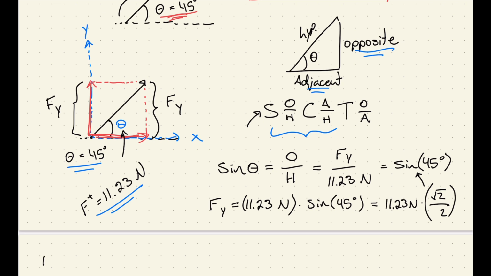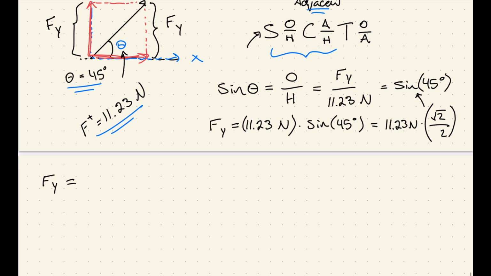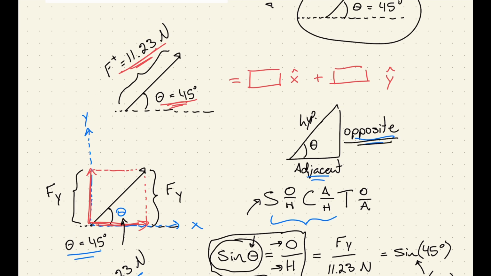Okay, nice. So now we literally have Fy is equal to square root of 2 over 2 times 11.23. And this thing, square root of 2 over 2, is unitless. You know why it's unitless? Because sine, cosine and tangent are defined as functions that eat an angle, and it gives you O divided by H. What is O divided by H?